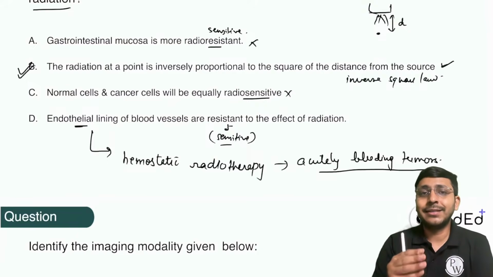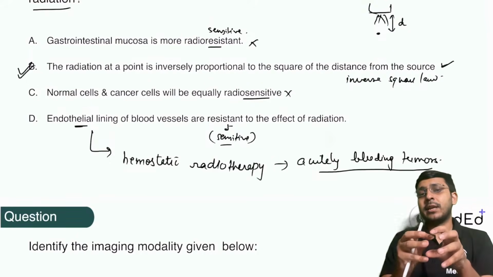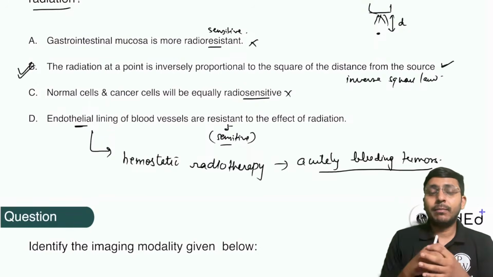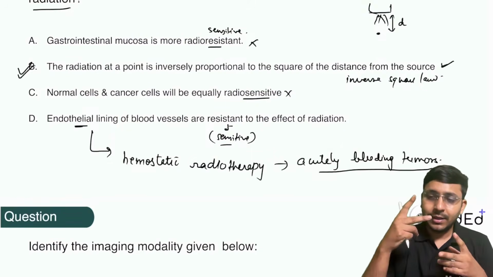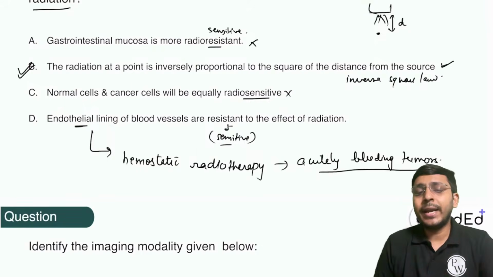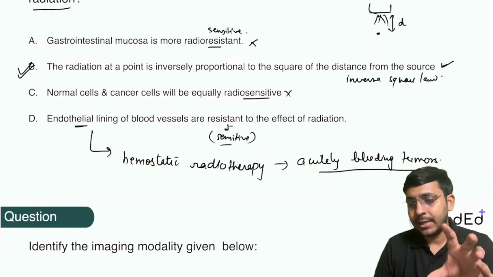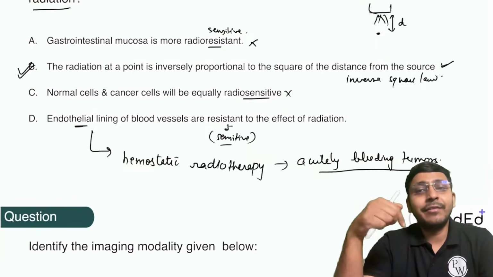Endothelial lining of blood cells is sensitive to radiation. So if we give a large amount of radiation to a bleeding tumor, you can stop the bleeding. So in cases where you can't resect a tumor, the tumor is bleeding actively, you can't do an embolization, all you are left with is a hemostatic radiotherapy. So remember, this is a very important point. Endothelial lining of blood vessel is sensitive to radiations.